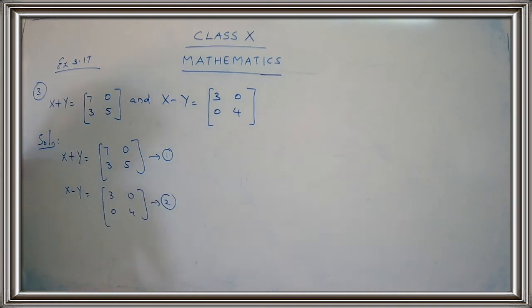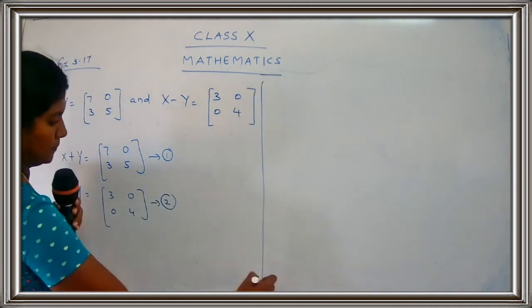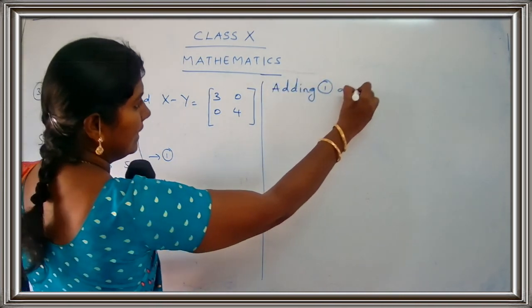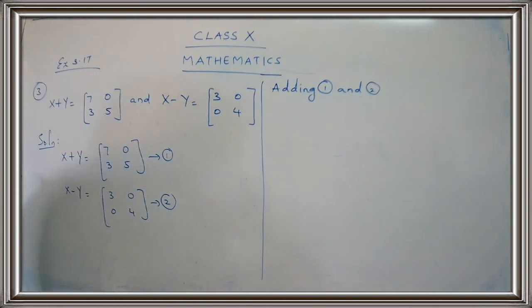You have to do the sums along with me, children. Okay, have you taken it as 1 and 2? Now what we are going to do is add 1 and 2. So write down here, adding 1 and 2.